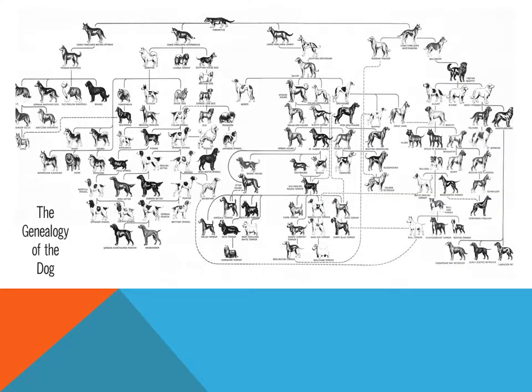So if you take a look here at the genealogy or the family tree of the dogs, you can see that all dogs come from a common ancestor, that is the wolf. And by deciding which male and female you're going to reproduce and make babies, you decide the outcome of the babies.